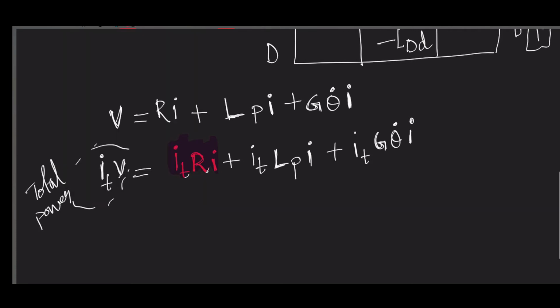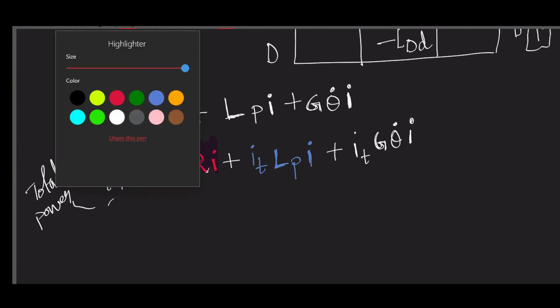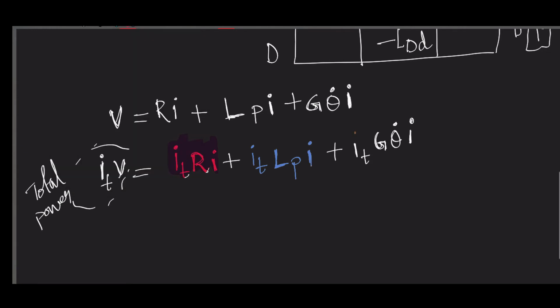This clearly gives us some power that is being stored in the magnetic field. However, the last term is clearly neither being stored nor being dissipated.